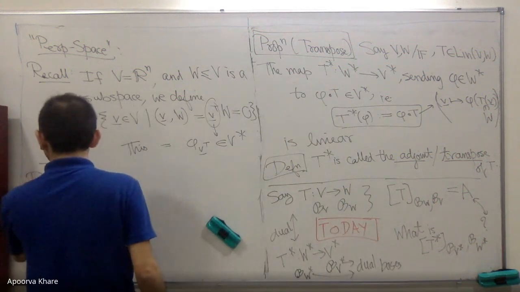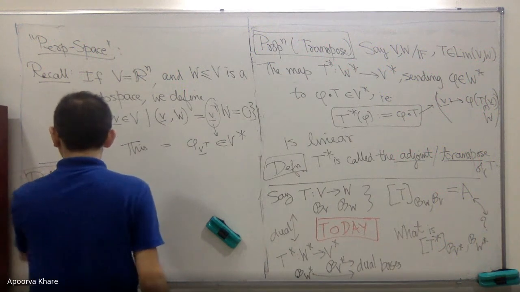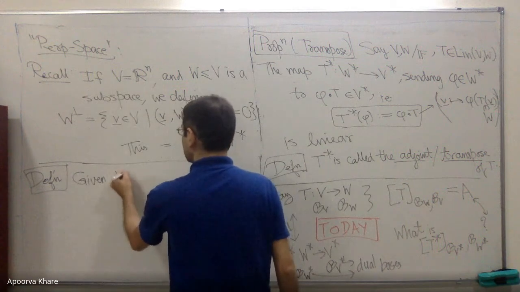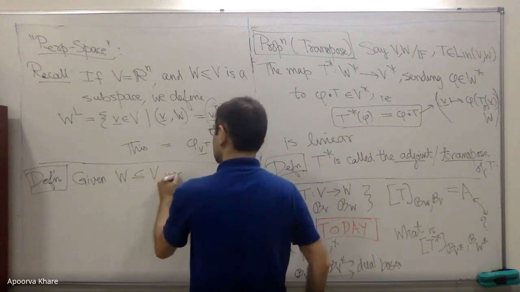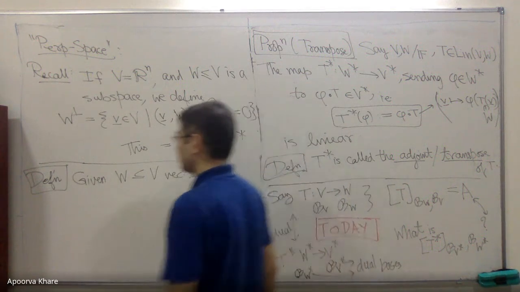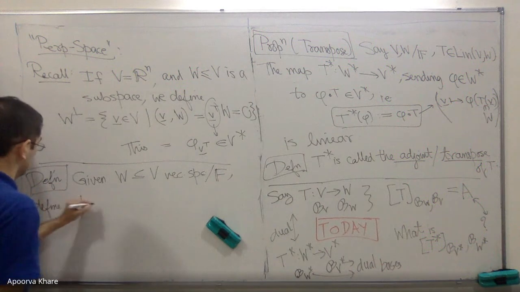So in definition, and this works over a general field, you don't need an inner product. Given W contained in V, vector spaces over F, over any field, we define W perp.